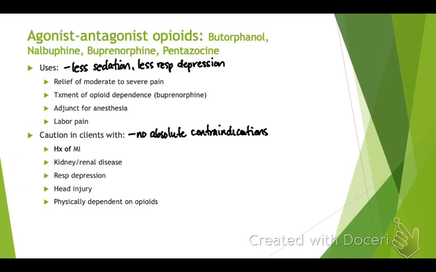Adjunct to anesthesia. So we might use these as an adjunct to anesthesia during surgery, and then in labor, for our patients that are pregnant in labor, we would use these agonist, antagonist medications.